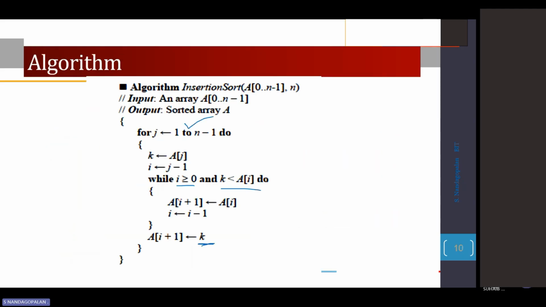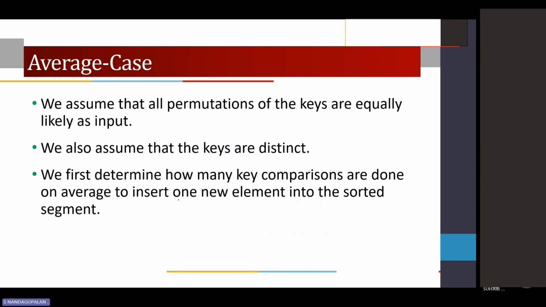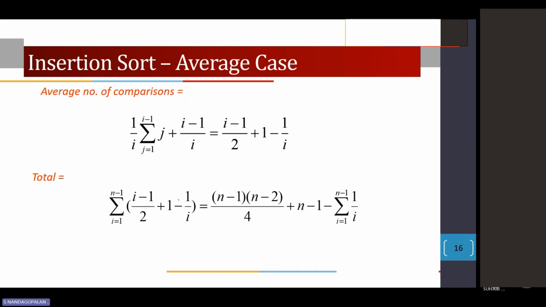So that's exactly what we are going to do for the average case. You can see here, this is the effort being put in the loop for the comparison, and take the summation from j equal to 1 to i minus 1, that's the inner one, and divide by this. Then we'll come to the outer for loop. For the outer for loop there is no problem; actually there is no probability.